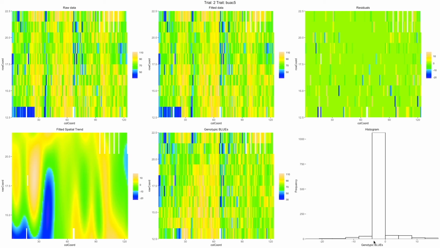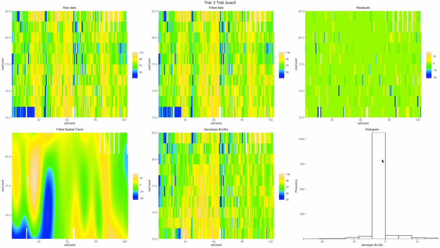But actually, it seems like this is the histogram of residuals instead of BLUEs. Because if you look at the x-axis values, these values do not match the values for BLUEs, but they look the same as the residuals.